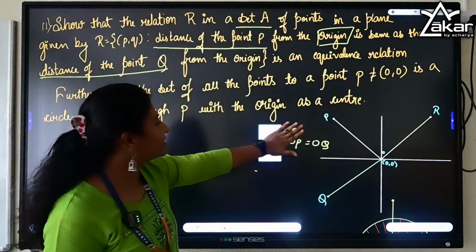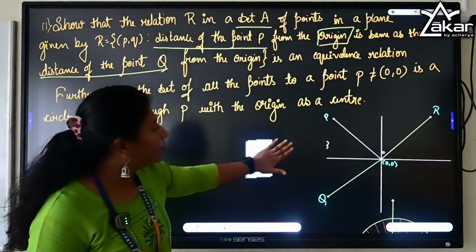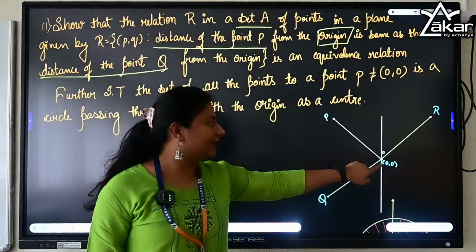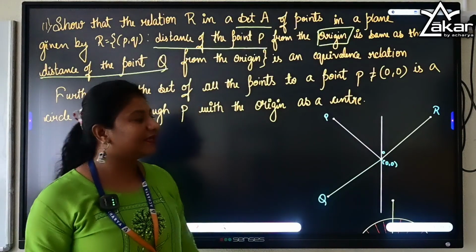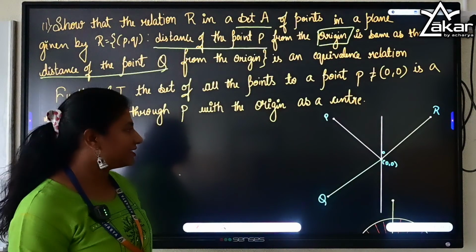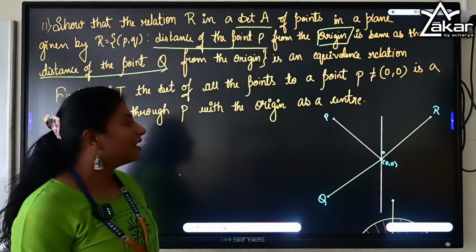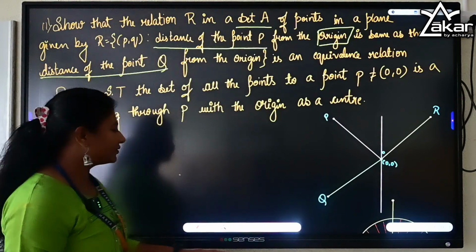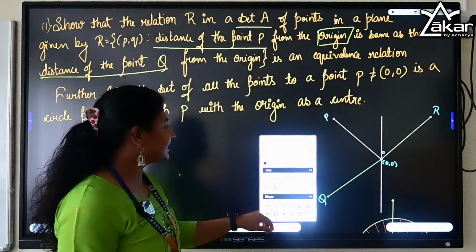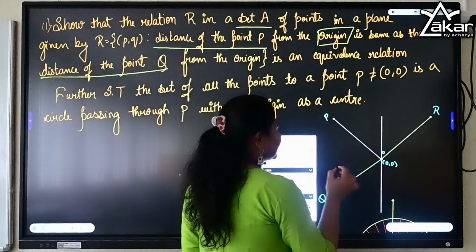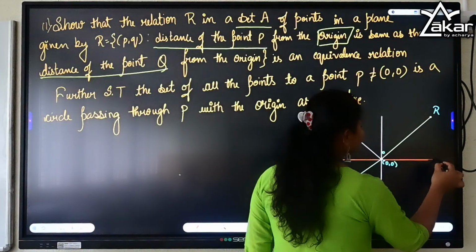So the first task is to show that this relation, both the distance from the point P to the point Q, is an equivalence relation. Let us consider a plane here.